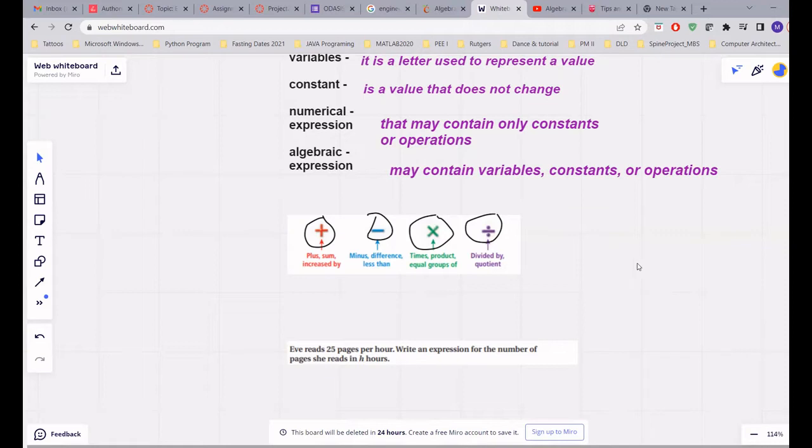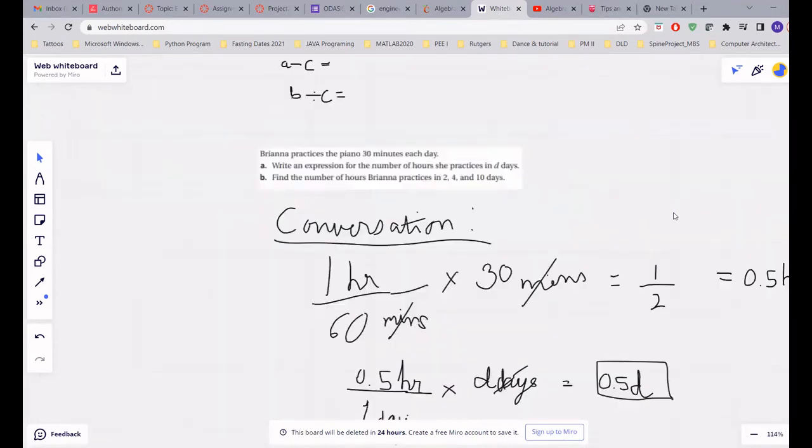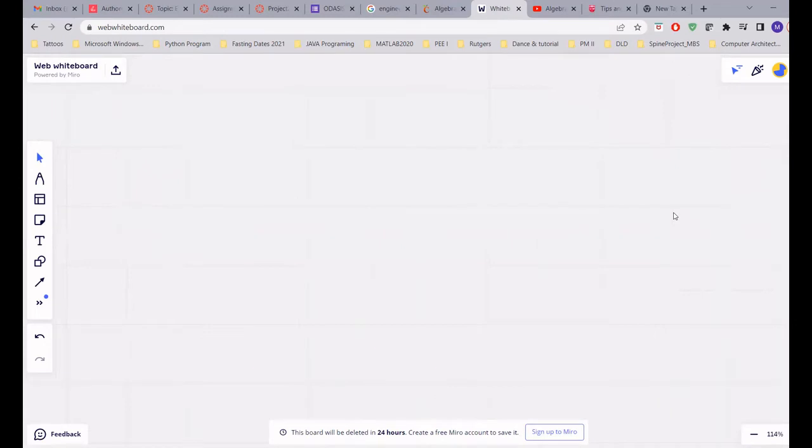So let me introduce a new page. X plus 3. Now, this is an algebraic expression. How would you express this algebraic expression in words?